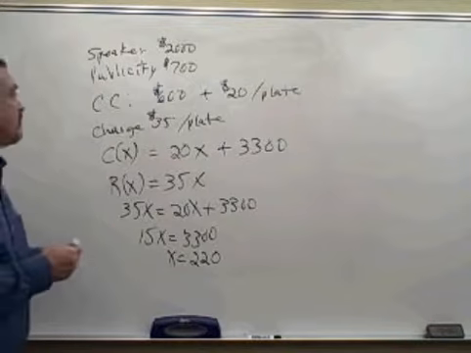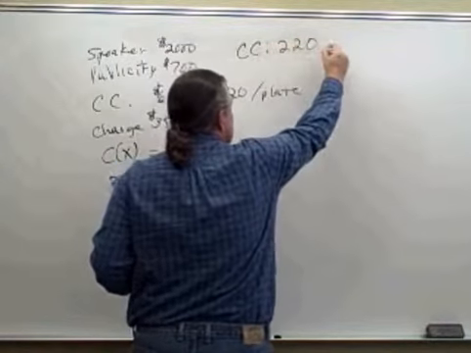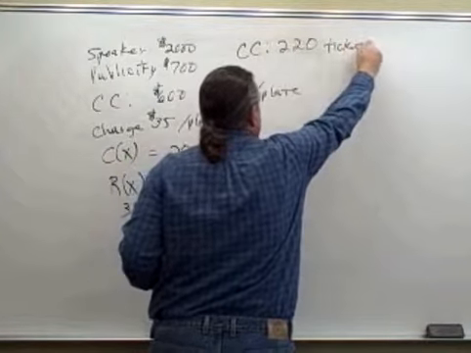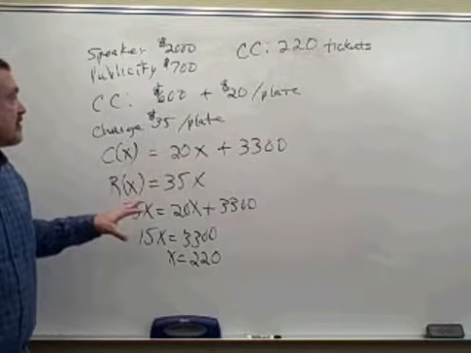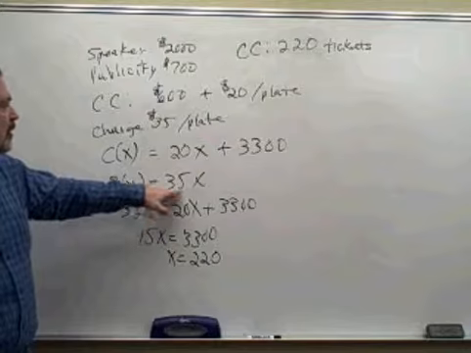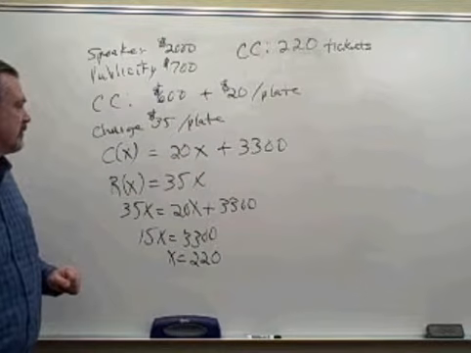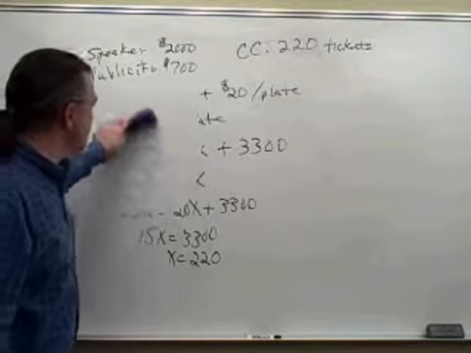So if we go to the convention center, we've got to sell at least 220 tickets to break even. If we go to the convention center, we've got to sell at least 220 tickets so that the revenue will cover the cost. Well, that's not the only place that we could go to have our fundraising dinner.